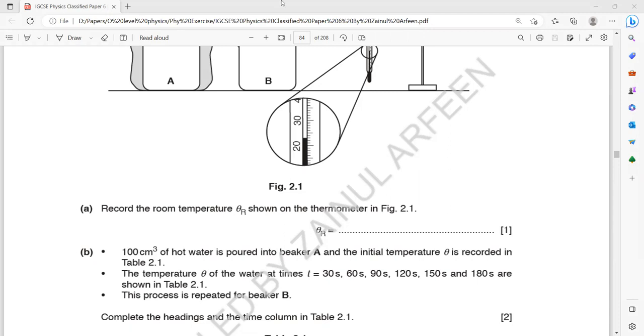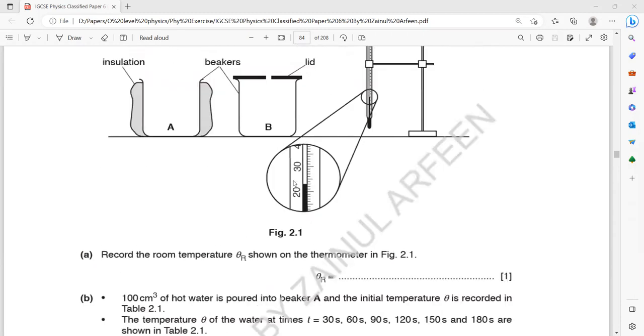Then 100 cm cube of hot water is poured into beaker A. So the student pours 100 cm cube of hot water into this beaker, and then he records the temperature of the hot water.